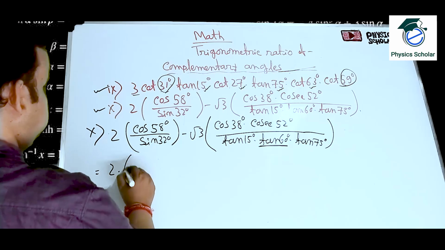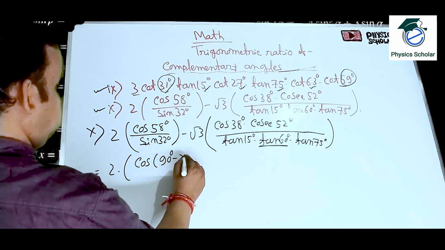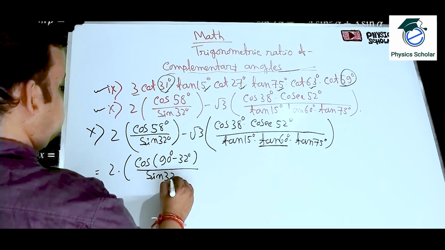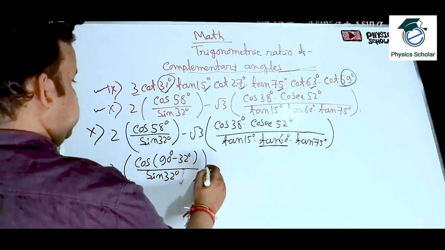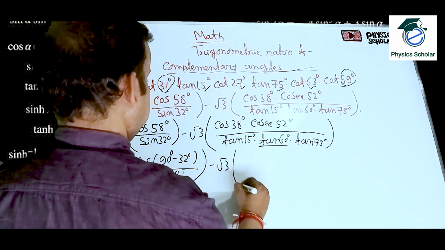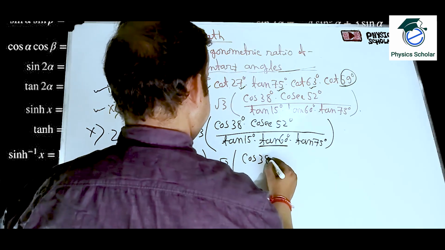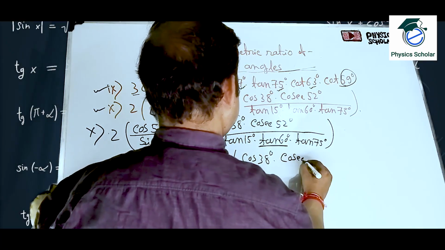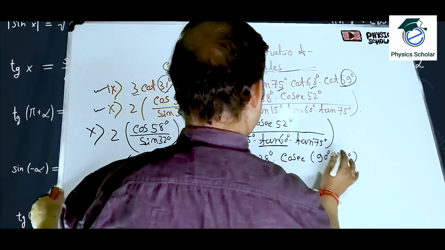So 2 into cos of (90 degrees minus 32 degrees) divided by sin 32 degrees. Clear? Minus root 3 into, these two are complementary, so cos 38 degrees into cosec (90 degrees minus 38 degrees), that means 52.